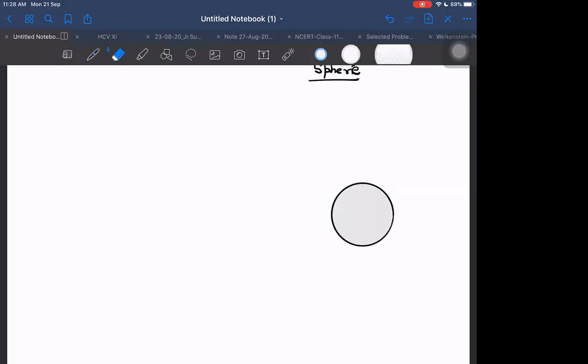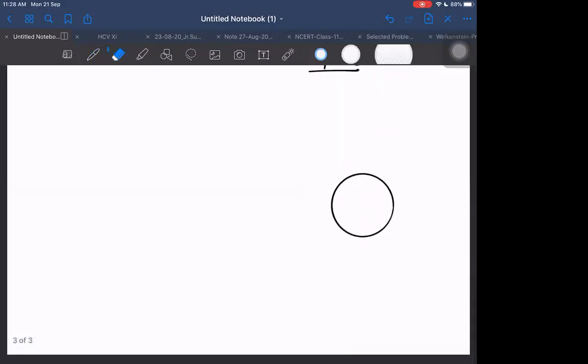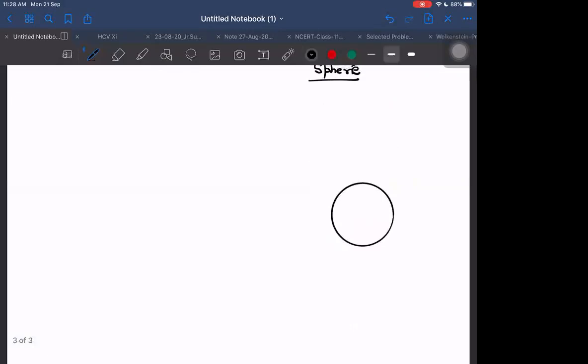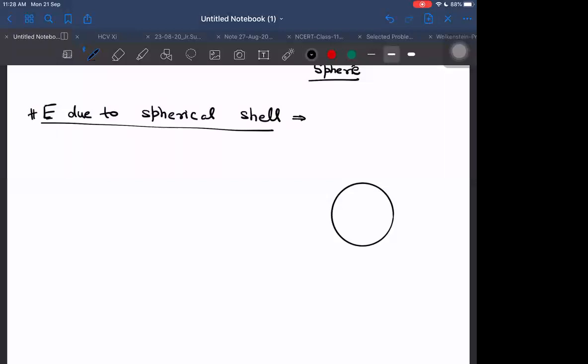Let us take a spherical shell, I think I can take a spherical shell also. What is the field due to a spherical shell? What is E due to a spherical shell?